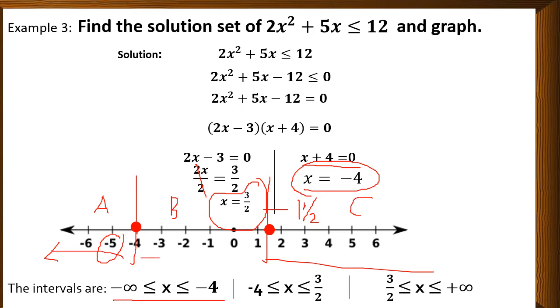And for the second region, you can choose any point, but this time we will choose 0. This is for the interval where x is less than or equal to 3 halves but greater than or equal to negative 4. And the third region is where x is less than or equal to positive infinity but greater than or equal to 3 halves. We will choose 2.